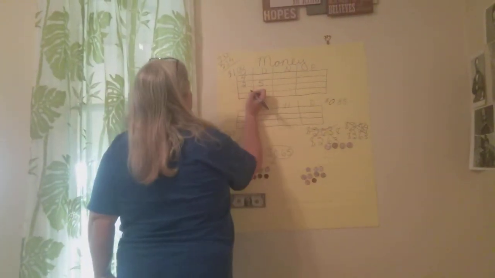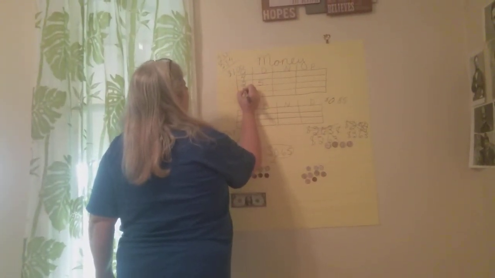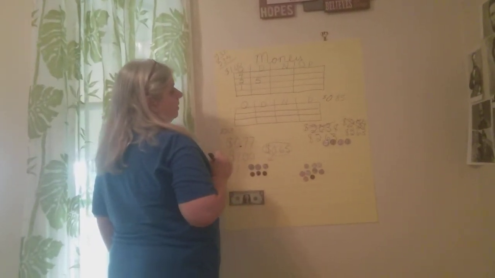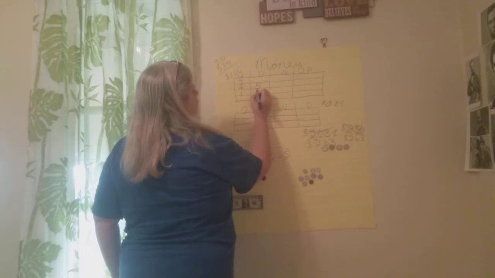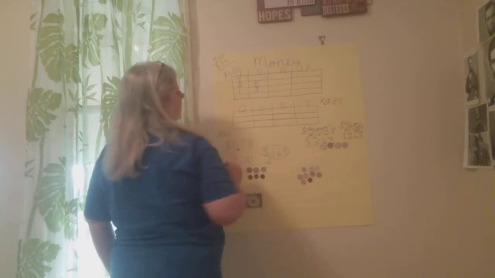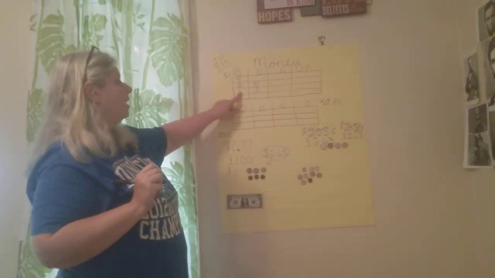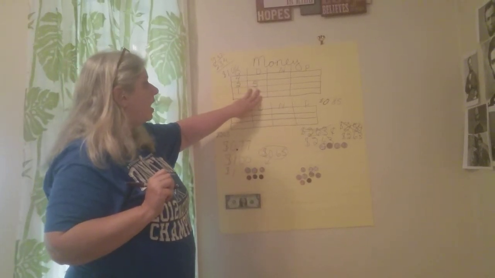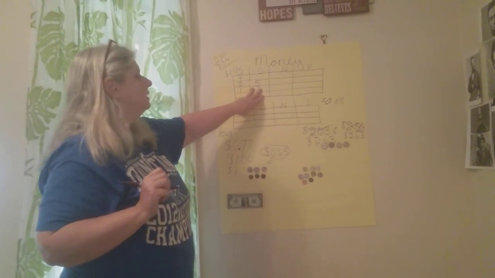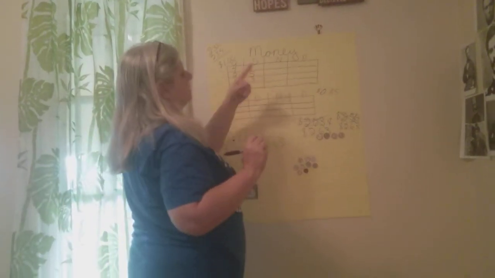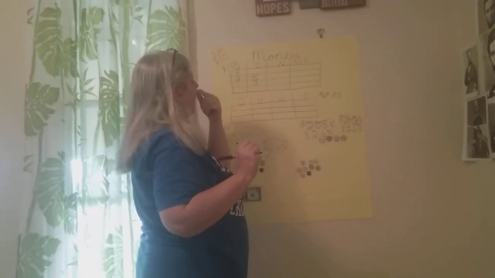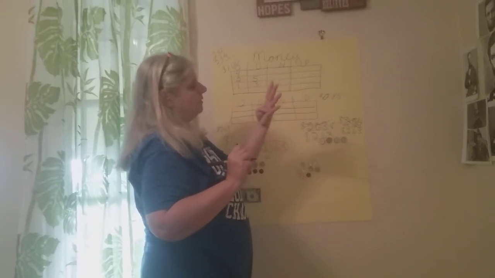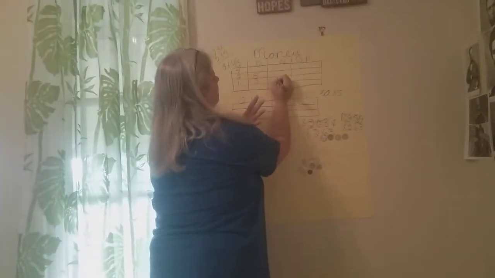So what if we do 1 quarter, which is 25, 3 dimes, okay, so we have 25, 35, 45, 55, okay, and then 55, 60, 65, 70, 75, how about 4 nickels?